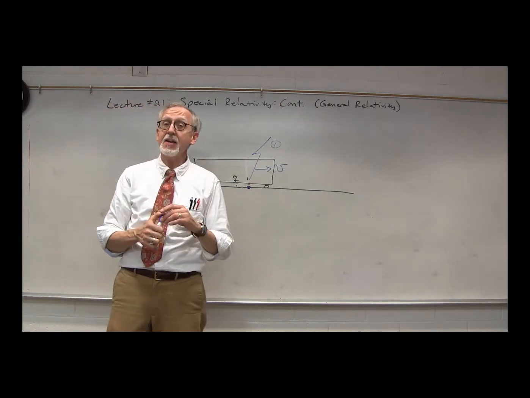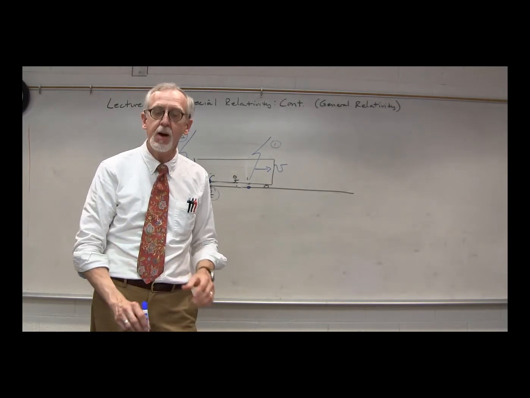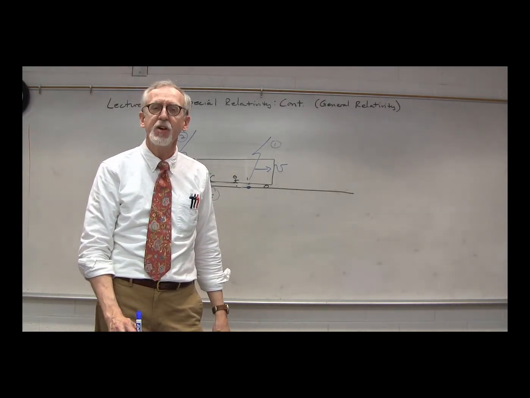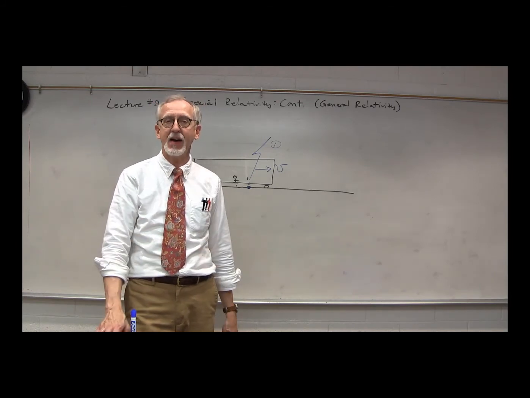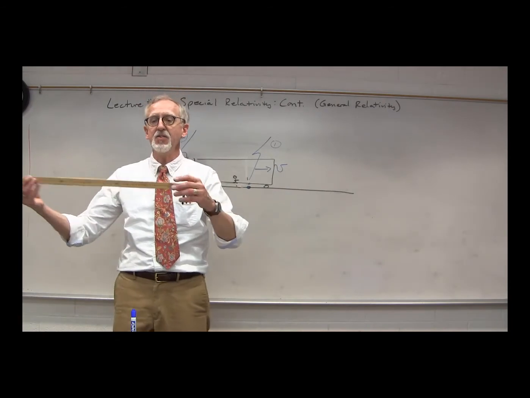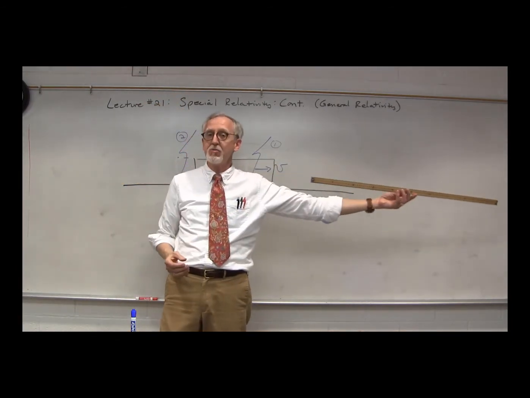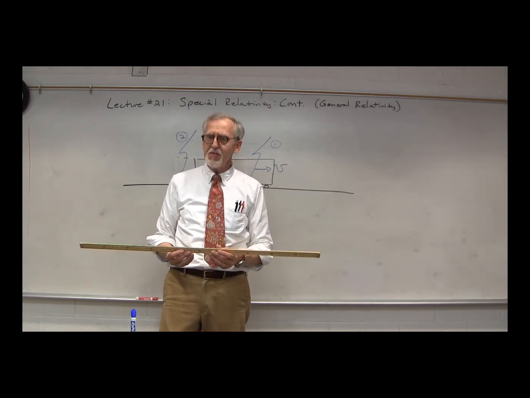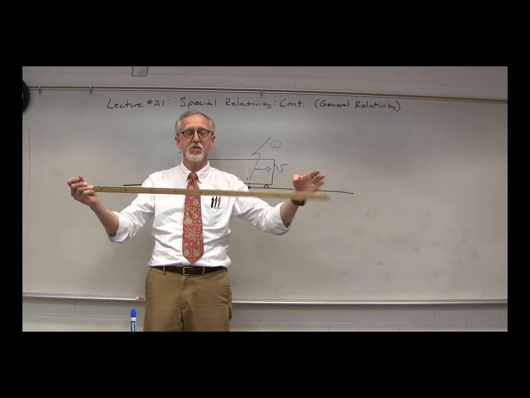Simultaneity then helps us understand what's going on with a number of these other phenomena. For example, what about length contraction? How does simultaneity affect that? Well, imagine that this stick is passing me by, and I want to measure its length. Now, obviously, if I want to measure this length, let's imagine I have my own meter stick and I'm going to measure it.